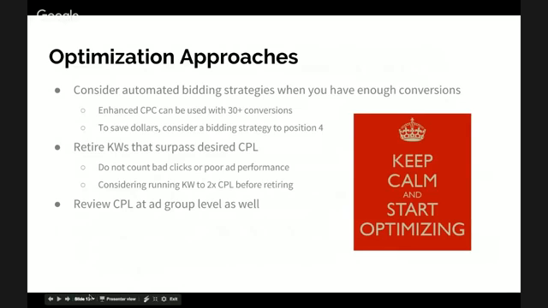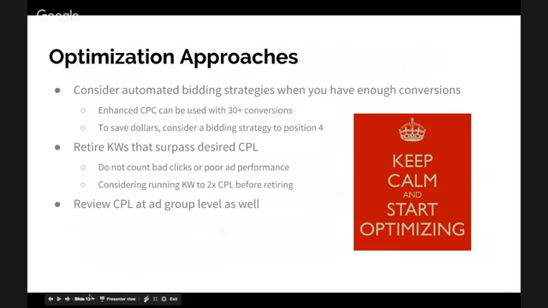An enhanced CPC can be used once you've got 30 conversions in a month. And what Google will do is bid up to, I think it's 130%, something like that, above or below your bid for a particular searcher based on the likelihood that that person might convert.